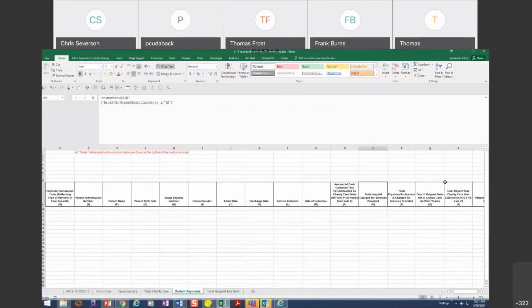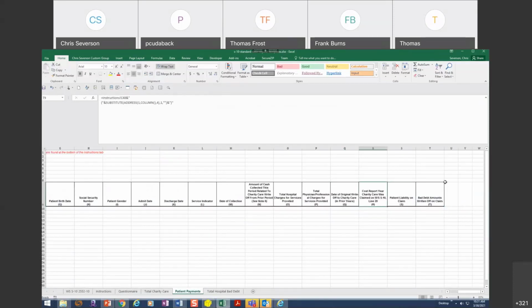Now we're getting into the other columns that help to explain whether or not this amount is valid or even needs to be reported. Column O relates to the total hospital charges for the services provided. Column P is the total physician or professional charges for the services provided. We want to know the date of the original write-off for this charity care in prior years.